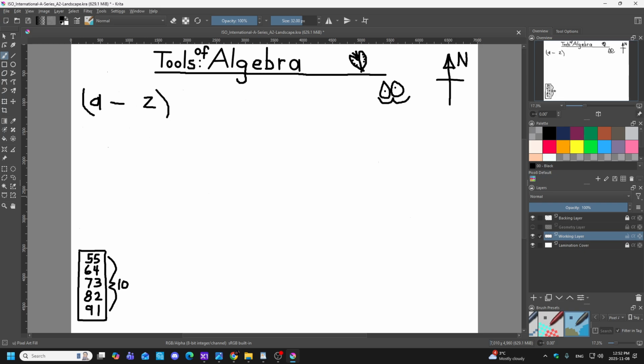Continuing on. Word problem. Let's try to draw a circle. Oh, look at that. Isn't it amazing? Where is the center?